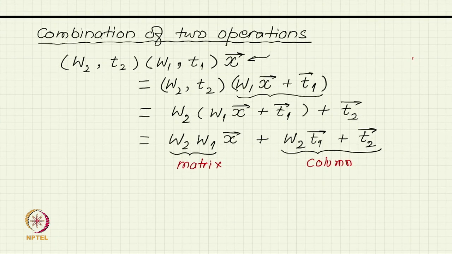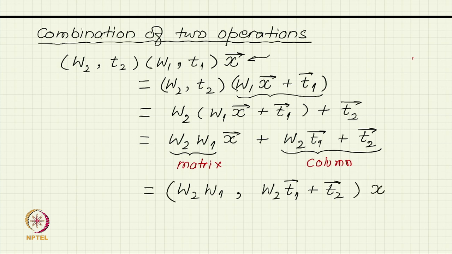So, if I wish to write this in Seitz notation, I will write this as W2 W1, comma, W2 T1 plus T2, the whole thing acting on x.